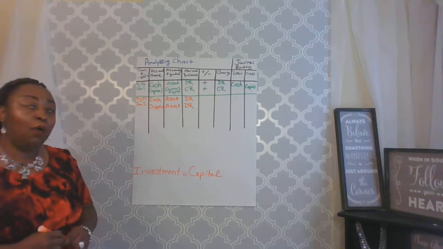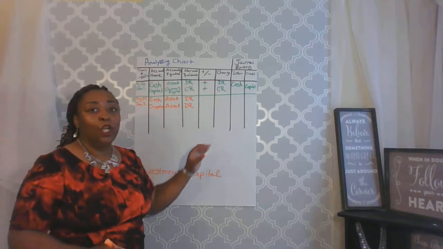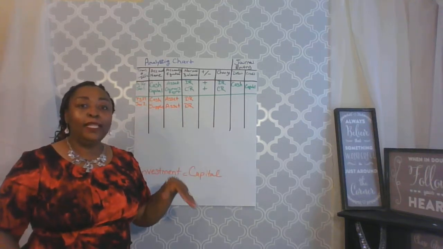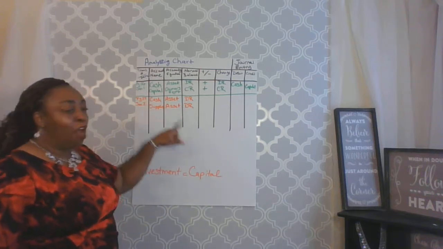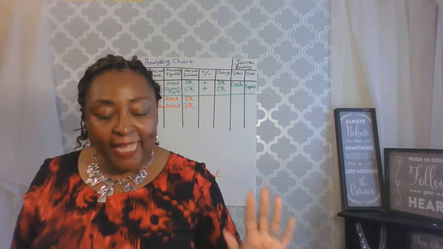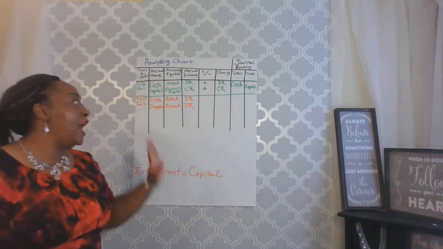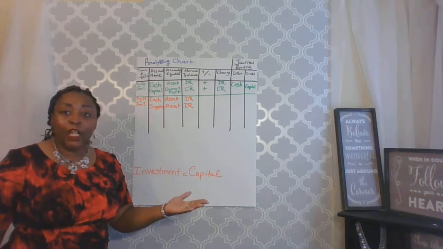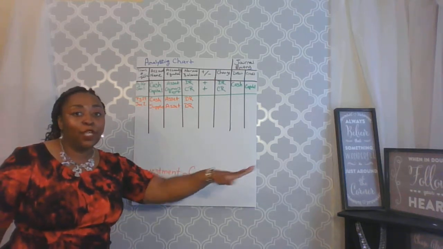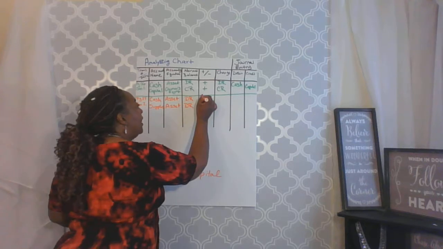So now we get to the plus or minus. Do we have more or less of the asset? Based off this transaction, pay cash for supplies, do I have more or less cash? Well, if I paid cash, that means the cash went out. So I have less. So that's a minus.